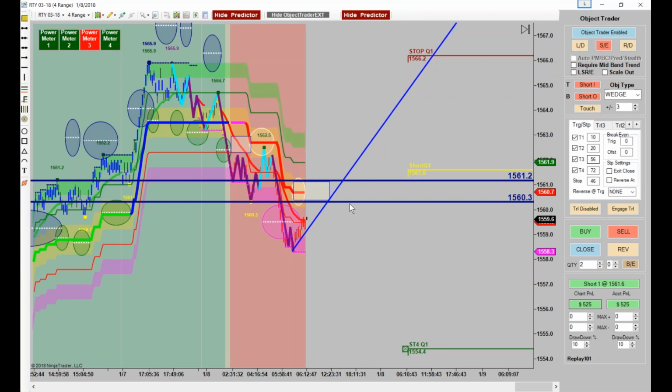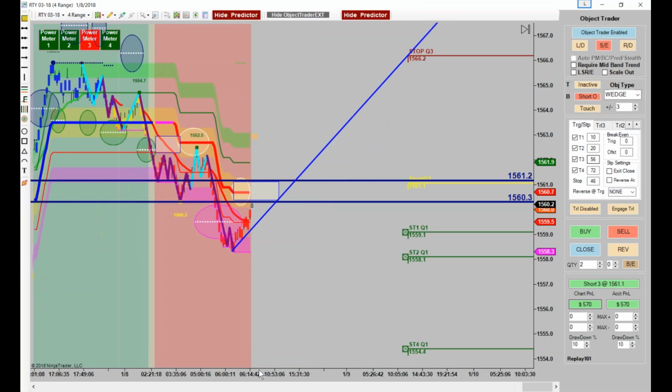Now, since I've got 1 line, you got to be careful. Don't get long if you're trying to get short. See what I mean? Because a TMB button just means that when prices are above it, it's the bottom button. When prices are below it, it's the other button. Okay, that's my trade right there. What do you think? You want it?